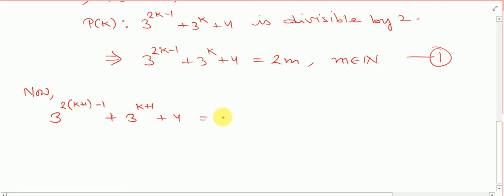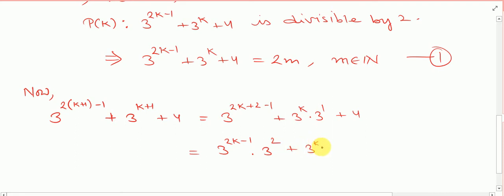So see over here, we can write 3 to the power 2k plus 2 minus 1, 3 to the power k into 3 to the power 1 plus 4, 3 to the power 2k minus 1, 3 to the power 2, 3 to the power k into 3 plus 4.